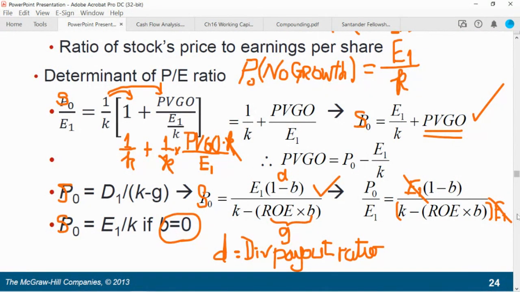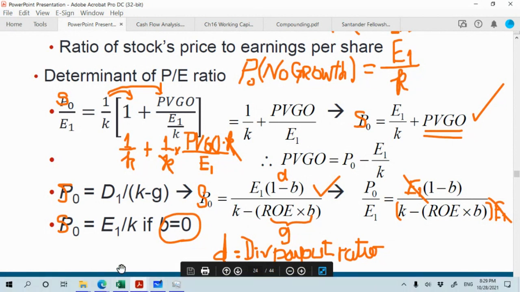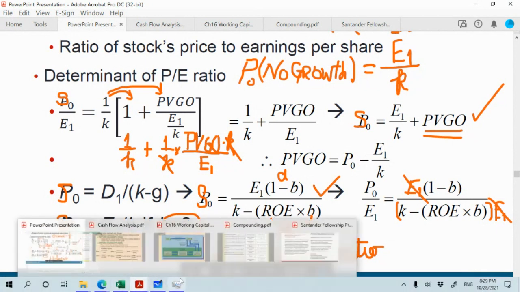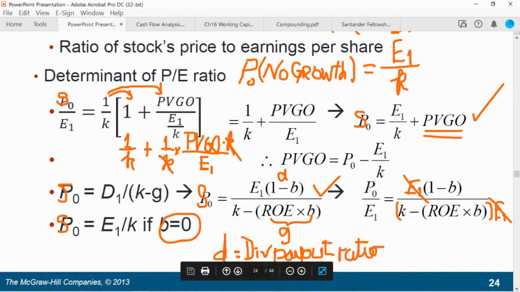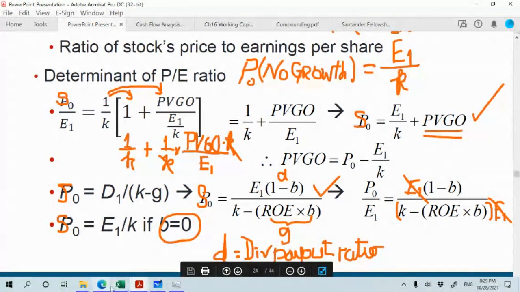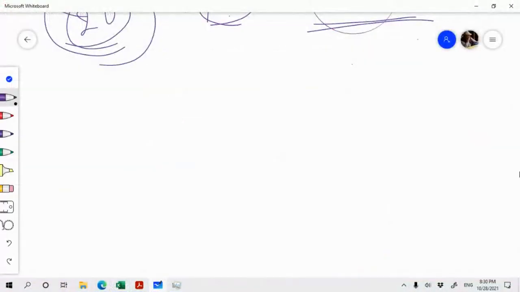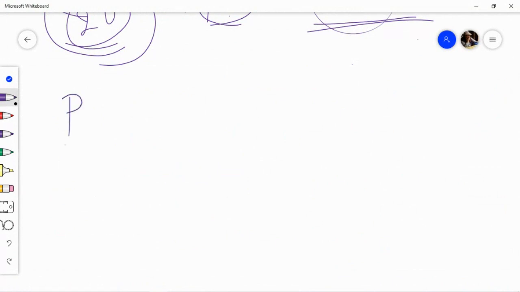Okay, so I've been switching the symbols here and there. The thing is, this is always the market price, right?